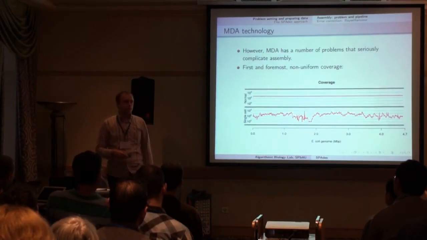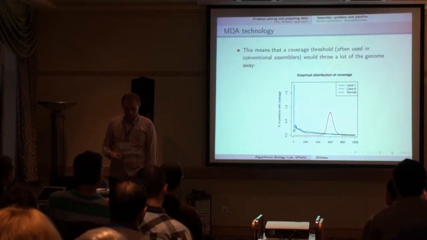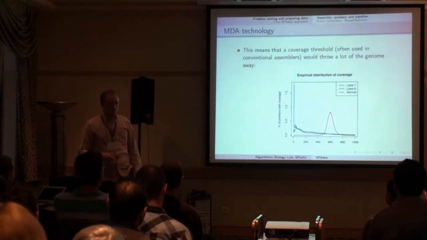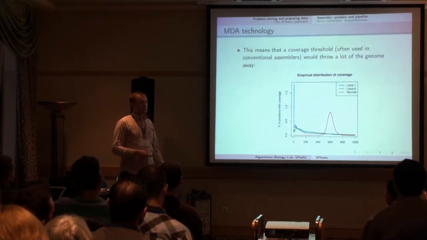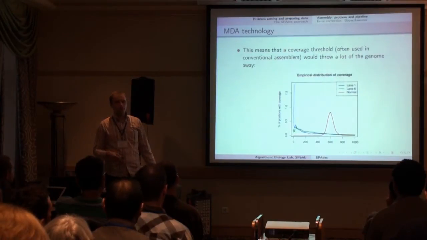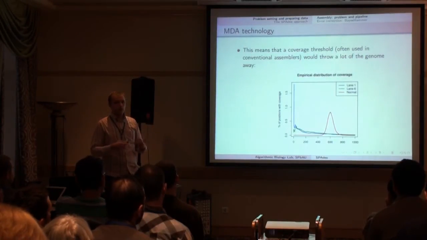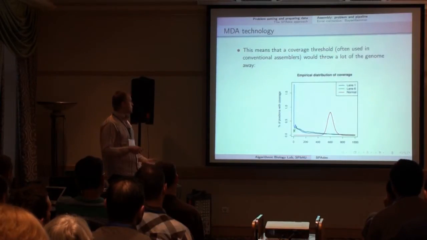So what this basically means for the assembler is that most conventional assemblers simply use a coverage threshold to single out reads which are thought to be erroneous, or chimeric, or which are not good for the assembly.